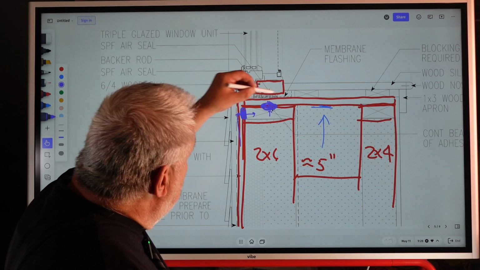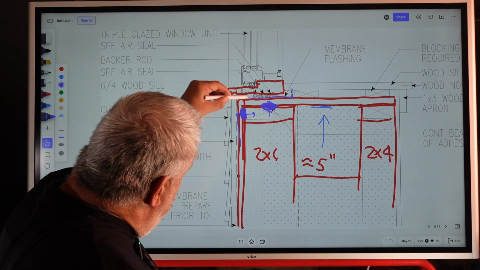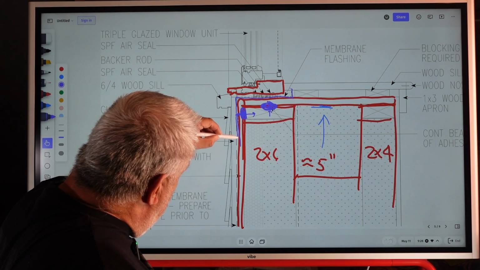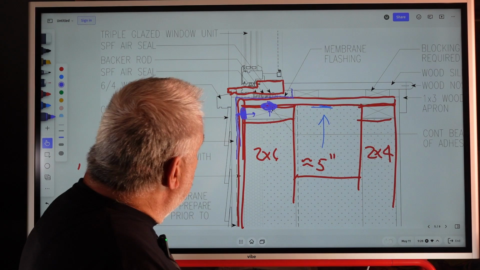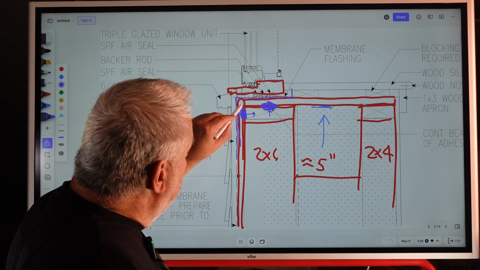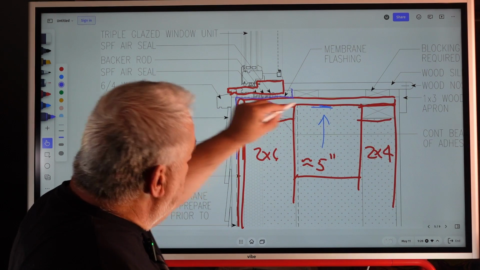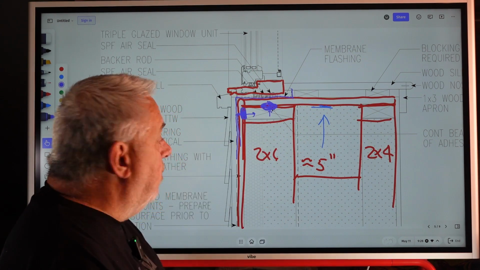And then we also have this membrane that comes out over the top there. And that membrane is also sealing this joint. But this connection through there gives me something now to attach the window frame, right?